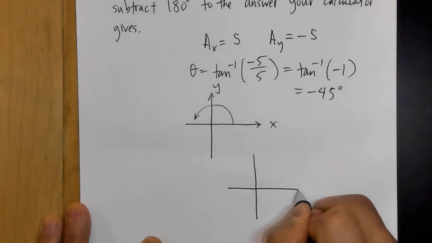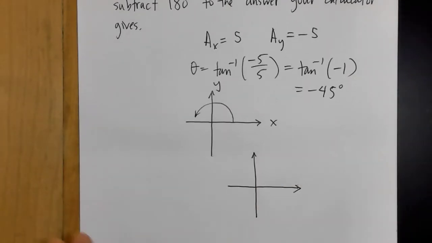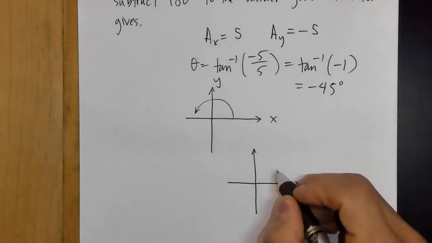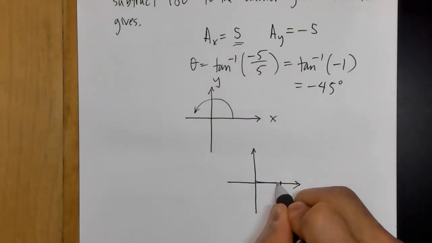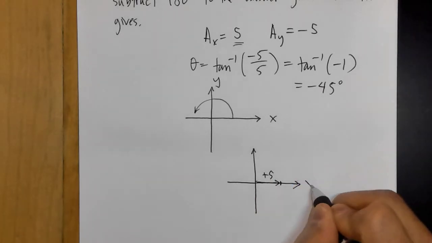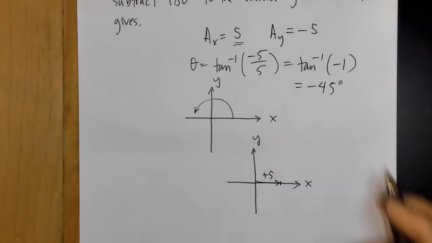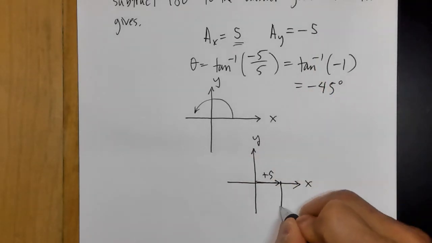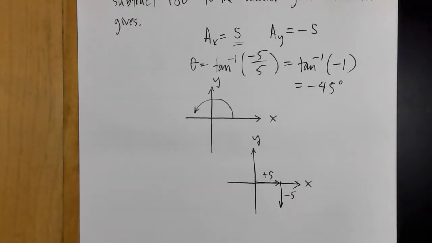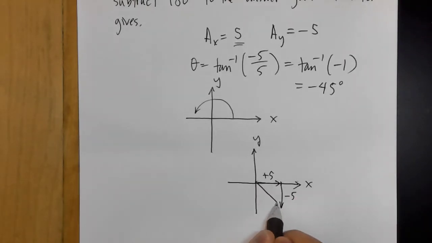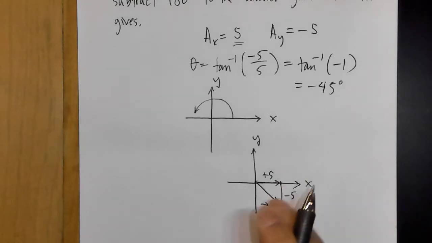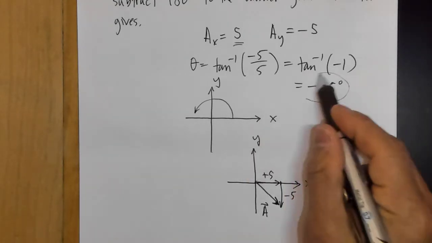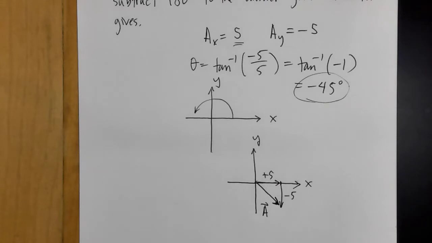So the answer to how to figure out which way it's pointing is you just make a sketch of it. So if ax is 5, it's 5 positive in the x direction. And then it's negative 5 in the y direction, and this is the angle. That's what A looks like. And it sure does look like it's minus 45. It got the right answer. My calculator gave me the answer I wanted. Does that make sense to everybody?